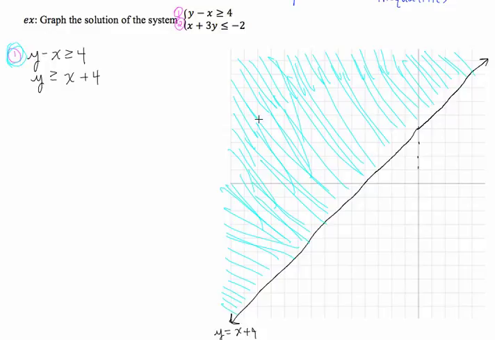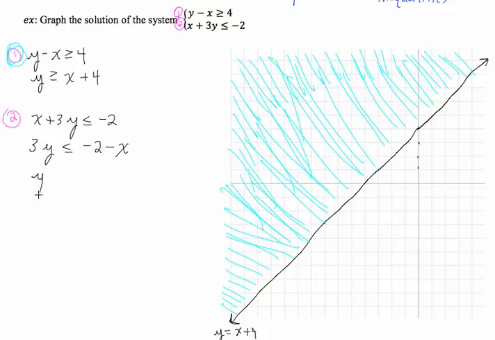That's the blue inequality. Okay, now let's solve the second inequality. The second inequality says x plus 3y is less than or equal to negative 2. Let's solve that for y. So we'll have 3y is less than or equal to negative 2 minus x, or negative x minus 2.